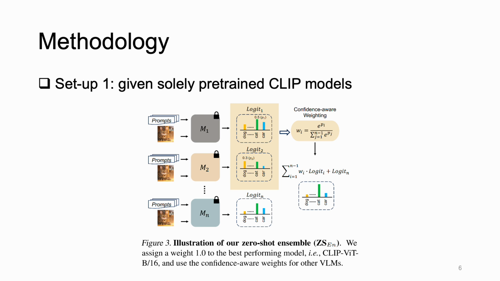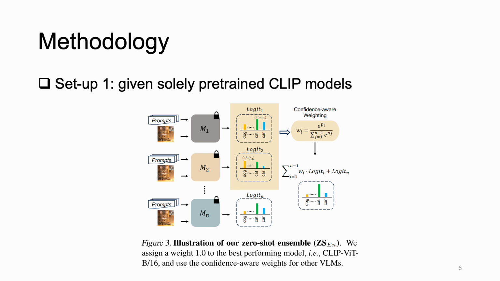So we extract the highest probability value from each logit, and we consider this as the confidence of that particular model on that input image. This value will be used to do the softmax, and then we can get the normalized value.